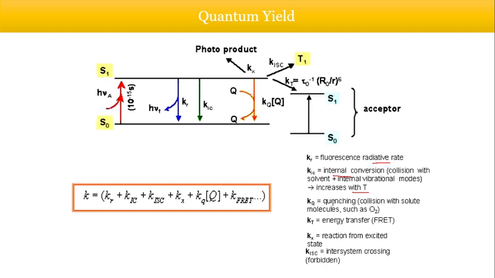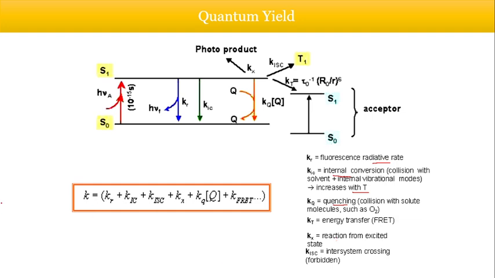Then we have the quenching factor, which occurs on collision with solute molecules such as oxygen. Then we also have factors like energy transfer. Then you have factors from reaction from the excited state, and then we have the k value from your inter-system crossing, which is forbidden, but it has to be considered.